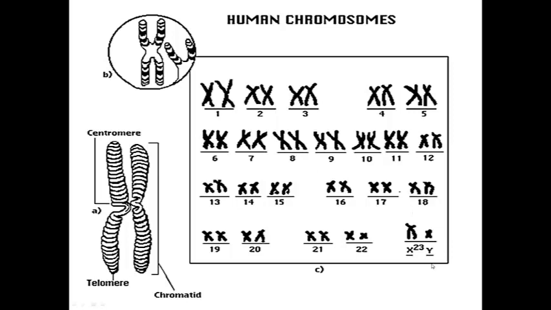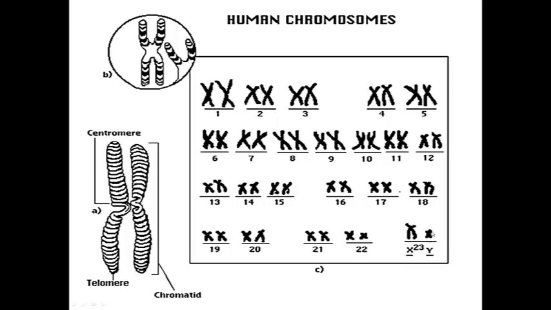There are 23 pairs of human chromosomes, or 46 chromosomes. You have 22 pairs of autosomes, which are chromosomes that are not sex chromosomes, and one pair of sex chromosomes. If you're a female, you have 2 X chromosomes, and if you're a male, you have an XY.